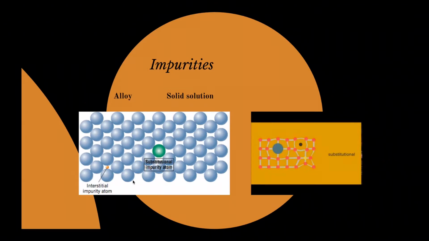If it is smaller and it can fit between these blue ones, we call this interstitial impurity. And if it is a similar size, or almost the same size as the blue one, like the green one, we call that substitutional impurity. You can check the video.